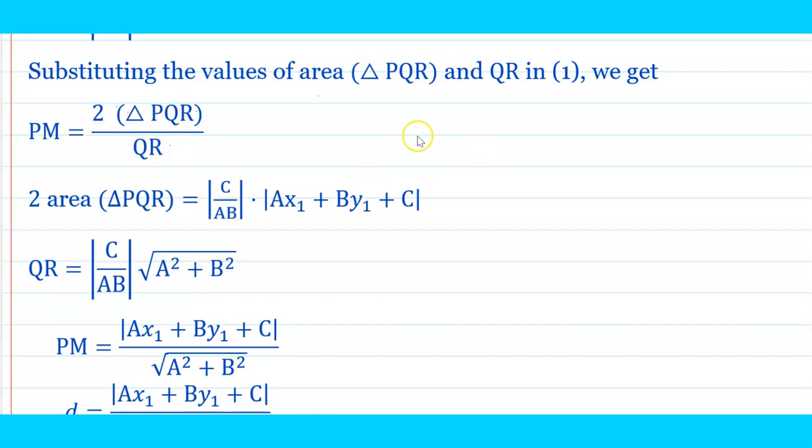Mod of C upon AB in mod of Ax1 plus By1 plus C. This is the first one.